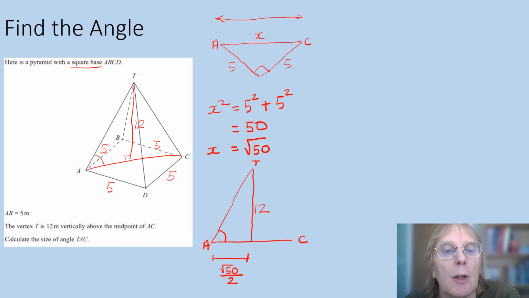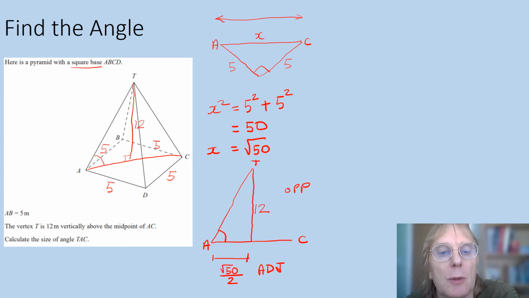So we've got two sides of the triangle now. If we think of it, we've got the opposite side, we've got the adjacent side. So if I wanted to work out the hypotenuse, I could use Pythagoras and work out the hypotenuse, but that's not what we're asked. We're asked to find the angle.